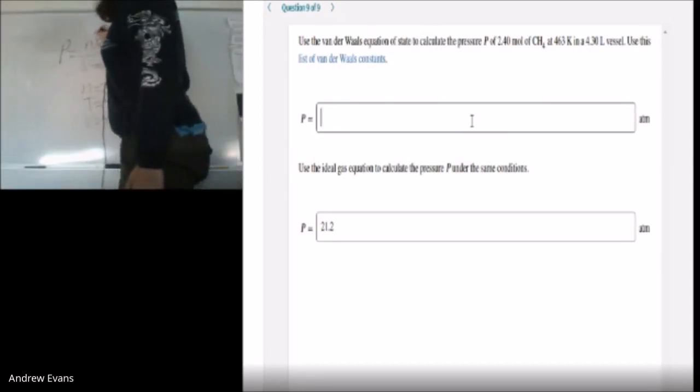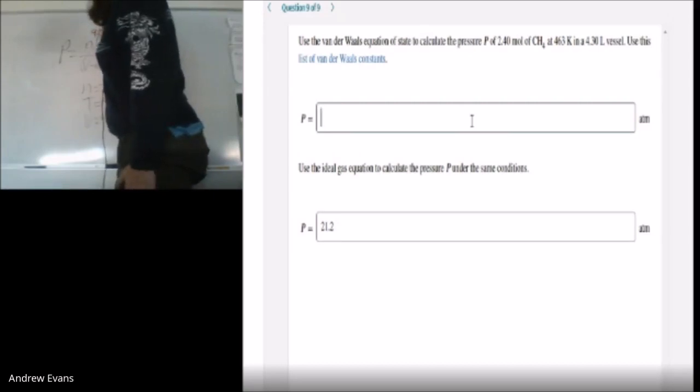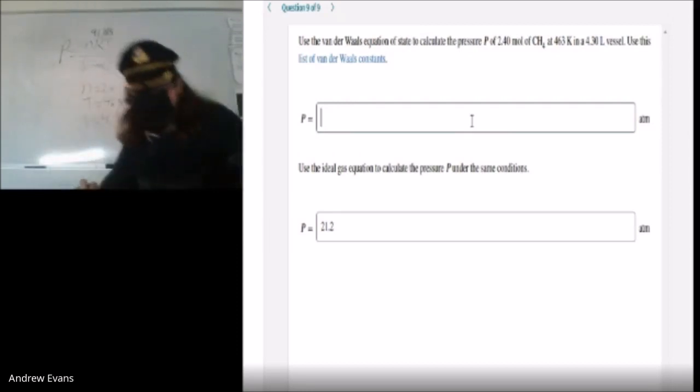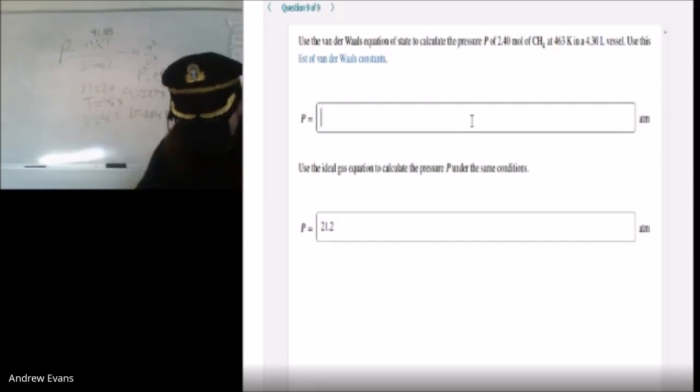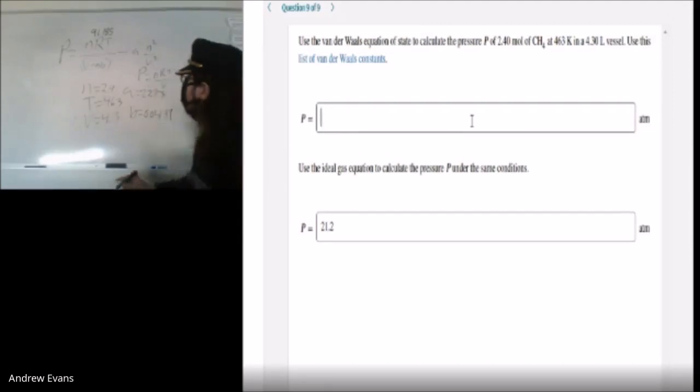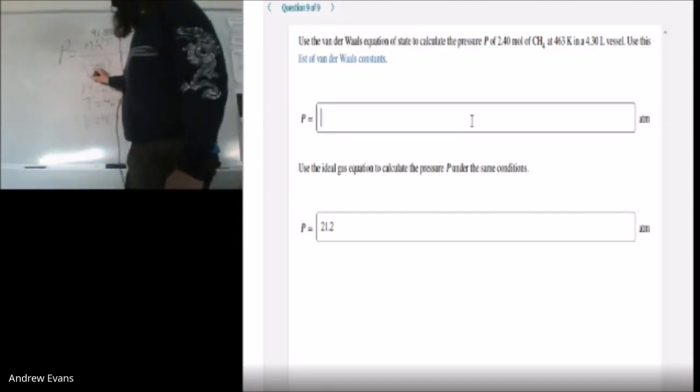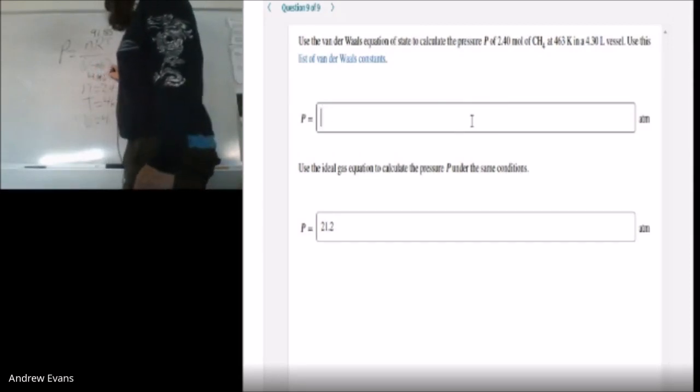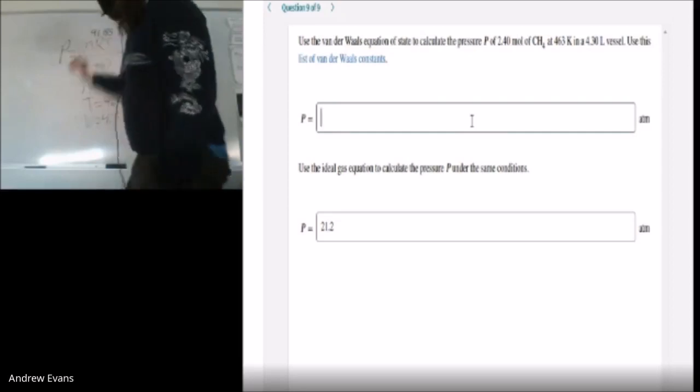So this whole thing, 91.185 divided by V minus nb. So V minus nb, 4.3 minus 2.4 times our b, 0.0431. Our V minus nb is 4.19656.